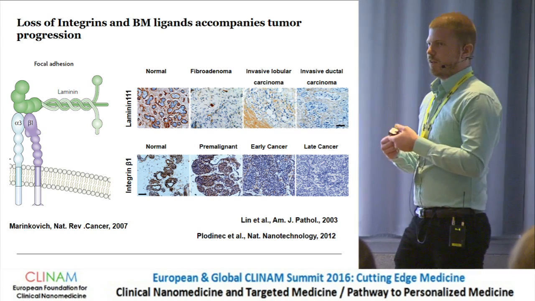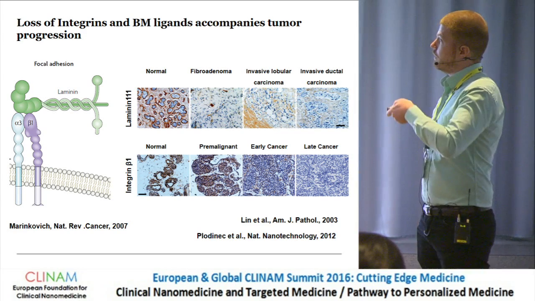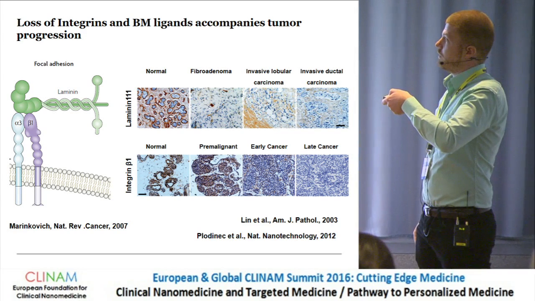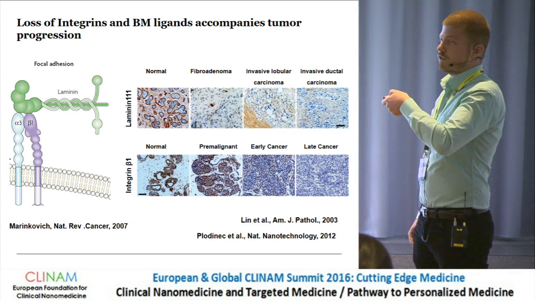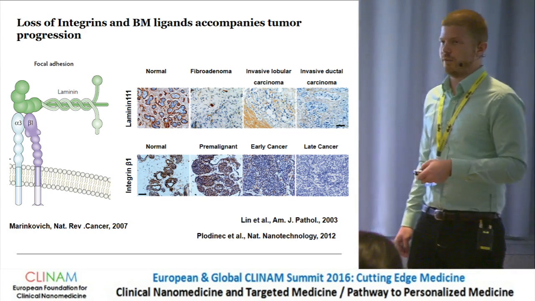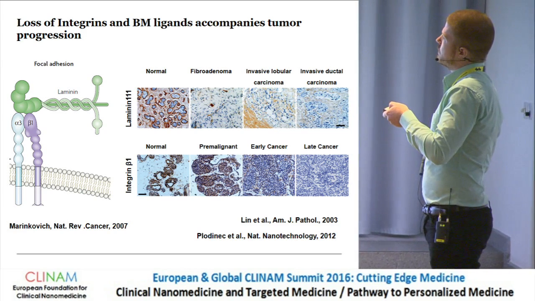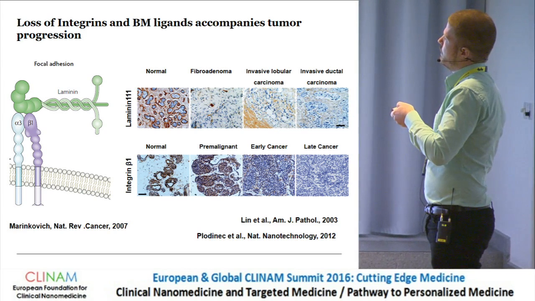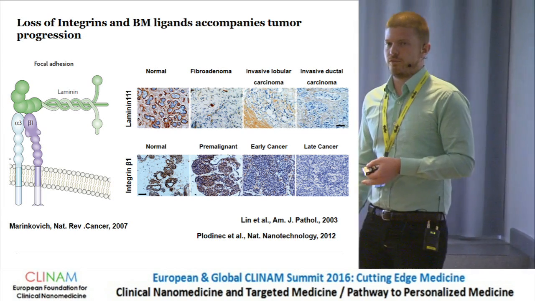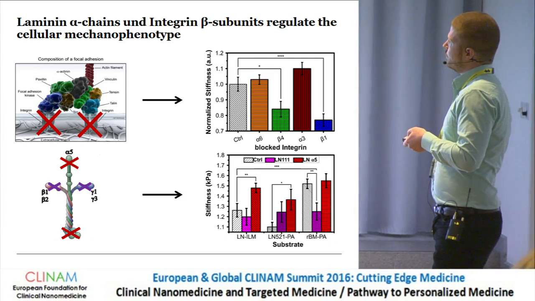And to be able to establish the right cytoskeleton or the right mechanophenotype of a cell, you need this interaction of integrins and laminins in order to organize your cytoskeleton, actin, intermediate filaments, microtubules. And for instance, in many cancers, laminin and integrin are gradually lost in more malignant phases.